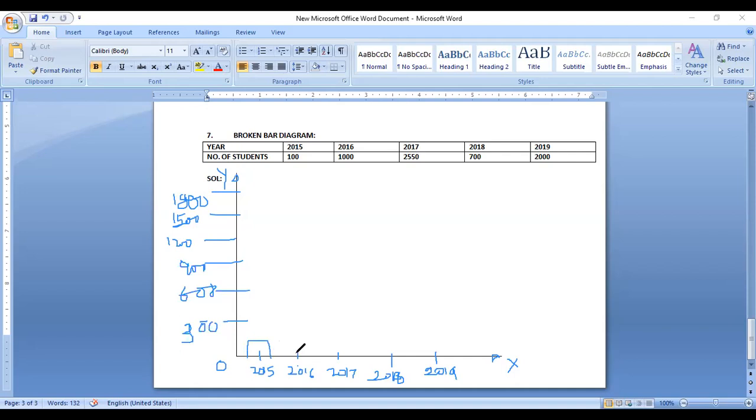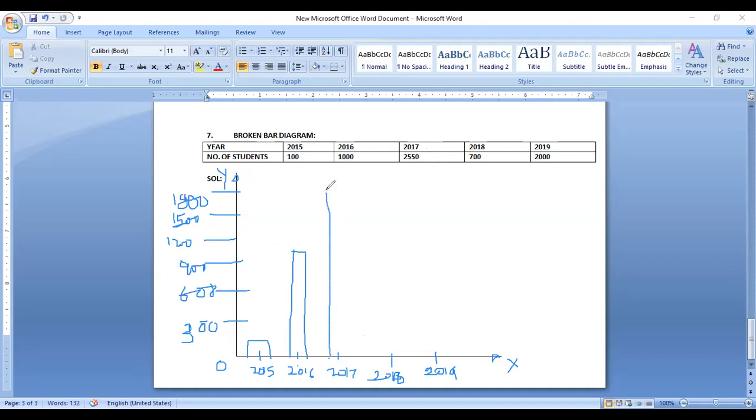Now for the year 2016, 1000 students are there. So up to 1000 you take. Here between 900 and 1200, you will find 1000. So this is okay. In the year 2017, 2550 students are there, which we cannot show properly here. Up to 1800 only we have drawn.